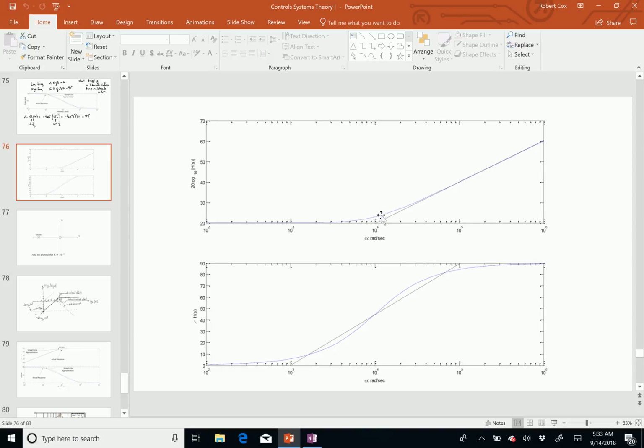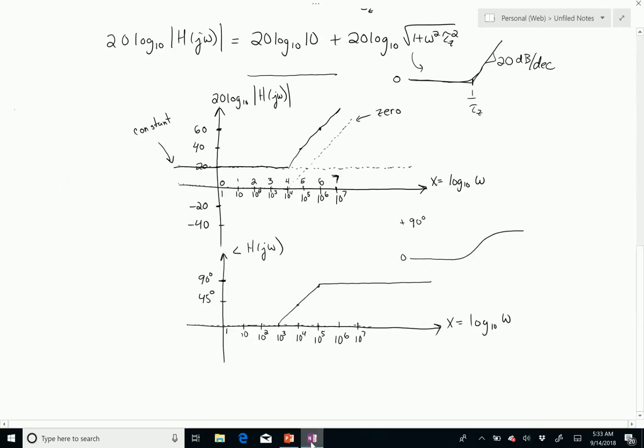If I look carefully right at the 0, it's at 23 dB instead of 20 dB, so it's 3 dB above. Here's my black line, my approximation. About 10 to the 3rd, about a decade before the 0, I start to rise in phase, and about a decade after, I'm done. The blue is the actual. So you can see very clearly that this matches up with what we just showed.